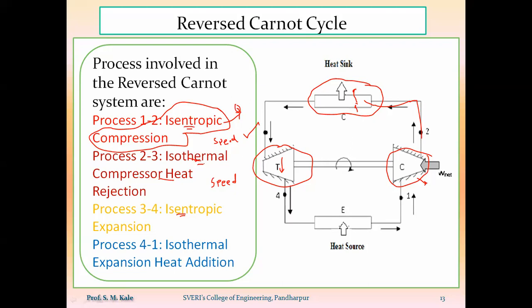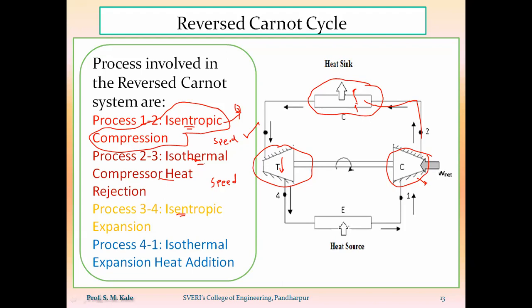Are you getting it? So what are the limitations for using the reverse Carnot cycle in actual practice? As the reverse Carnot cycle consists of two isentropic processes and two isothermal processes, to carry out the isentropic processes the system has to have extremely high speed, and to carry out the isothermal processes the system has to have extremely low speed.